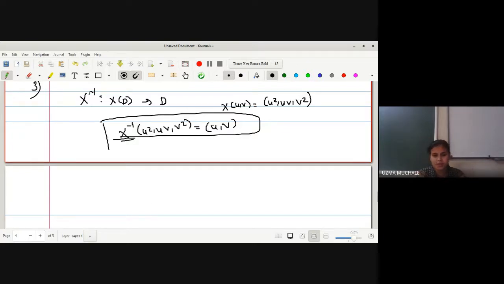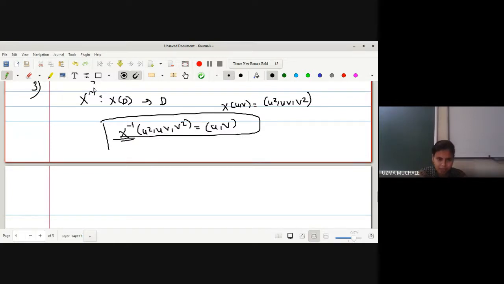Okay, let me show you how to define it. First, now to prove x is a proper patch, we must first define an inverse function, okay? And then later on we'll show whether it is continuous or not, okay? एक्चुअली हमें पता नहीं है कि x inverse exist होता है या नहीं, right? क्योंकि उसको एक्चुअली डिफाइन करना है ना. No doubt we know that it exists, but actually x inverse कैसे दिखेगा, right?